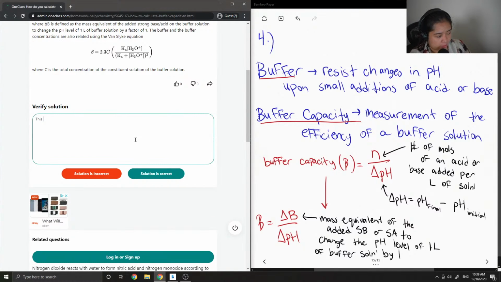So this solution is correct. I'll also add the equation I had as well.